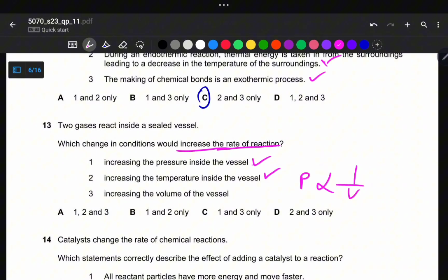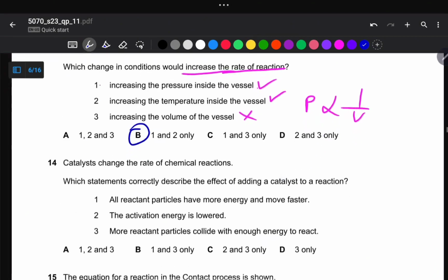So option three contradicts with the first option, right? So this becomes false. So our correct answer is therefore statement 1 and statement 2. This is option number B.